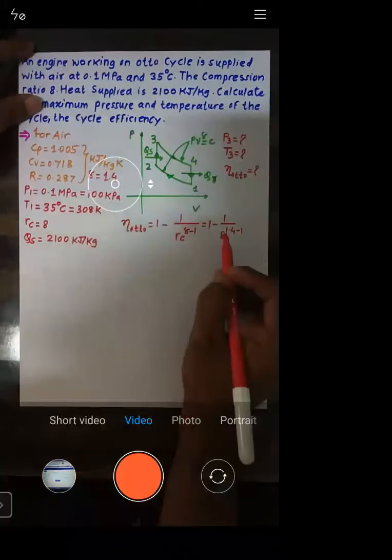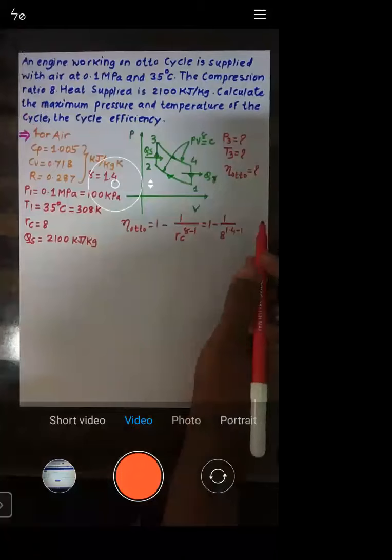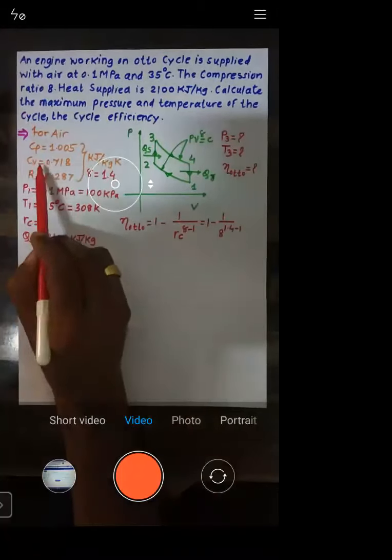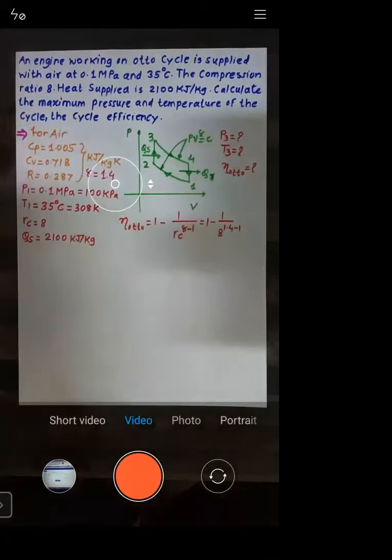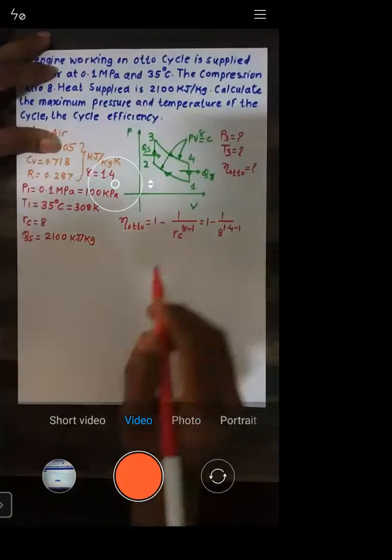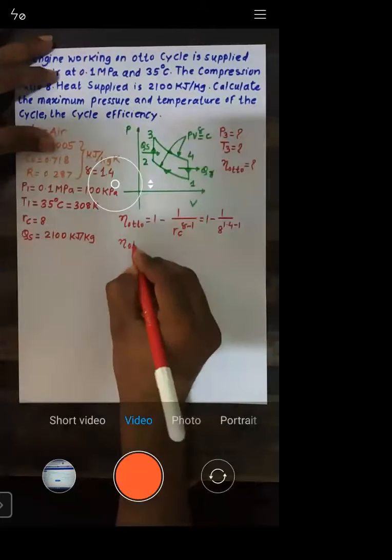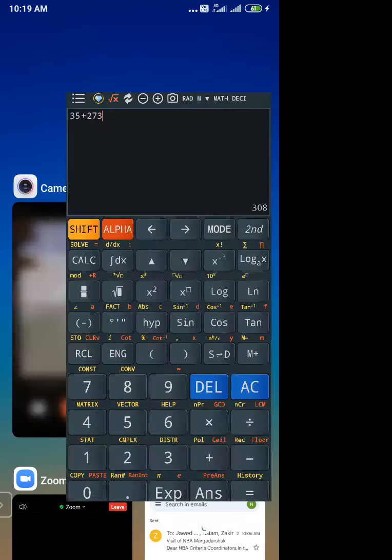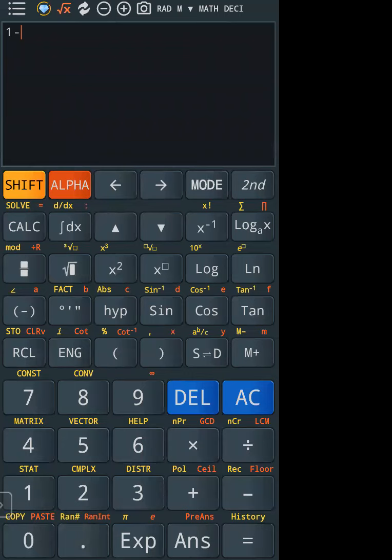So 1 minus 1 upon Rc, which is 8, raised to gamma, which is 1.4, minus 1. Cp by Cv is gamma, and Cp minus Cv is R. That is what is written. So let us calculate how much efficiency we will get for the Otto cycle. It is 1 minus 1 upon Rc, Rc is 8, raised to power gamma, that is 1.4, minus 1.